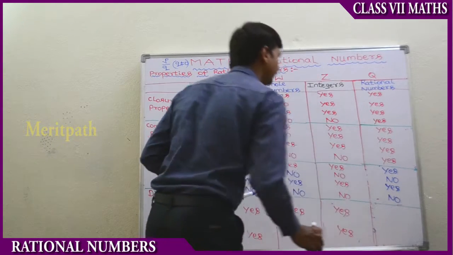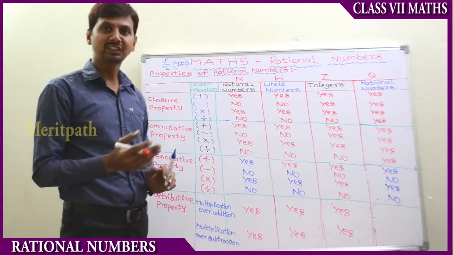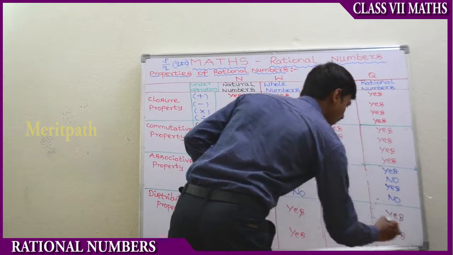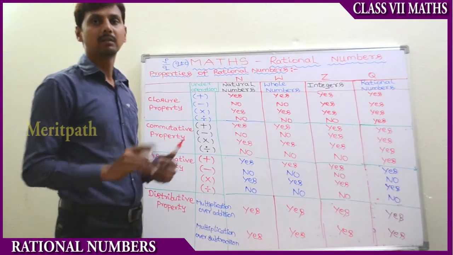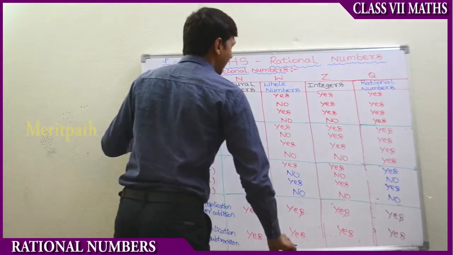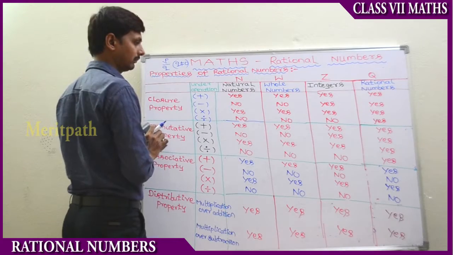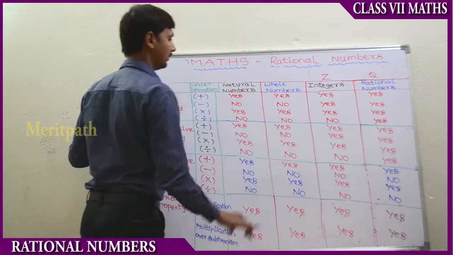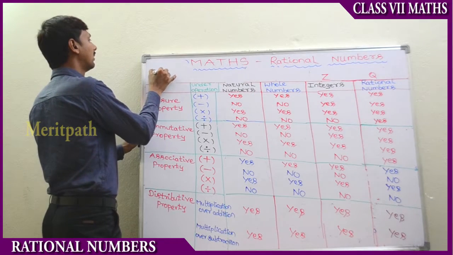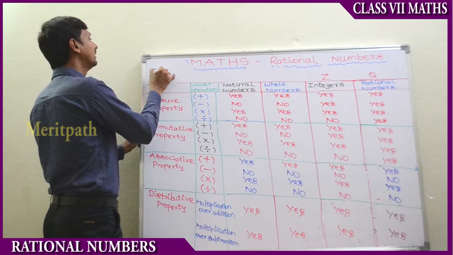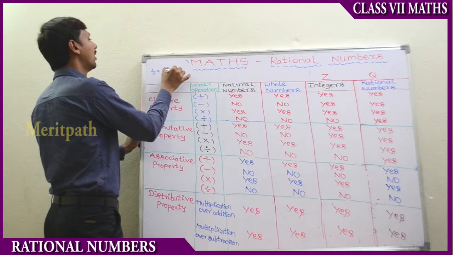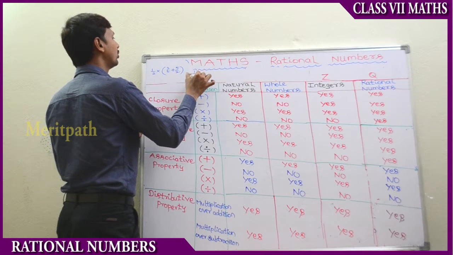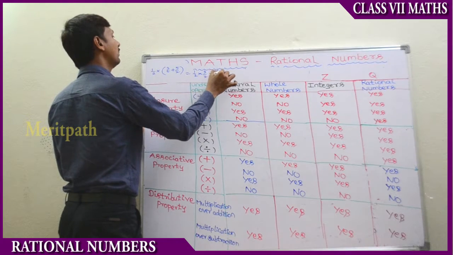For rational numbers, multiplication over addition, yes, it's possible. Subtraction, as we know, is also possible, but let's take an example with multiplication over addition. 1 by 2 into the group of 3 by 2 plus 5 by 2 is equal to 1 by 2 into 3 by 2 plus 1 by 2 into 5 by 2.